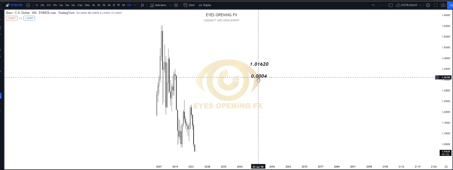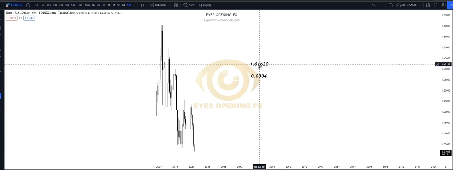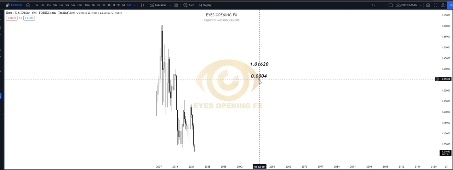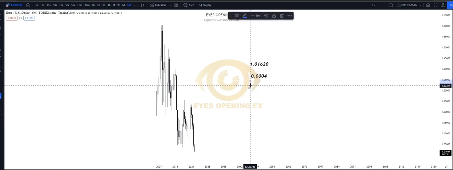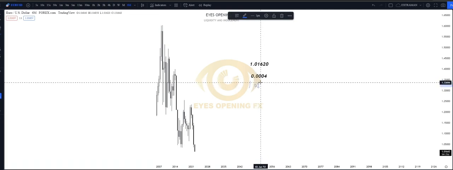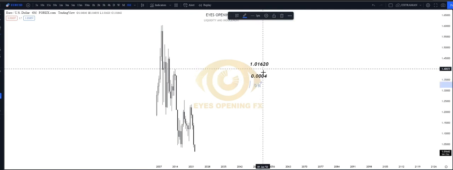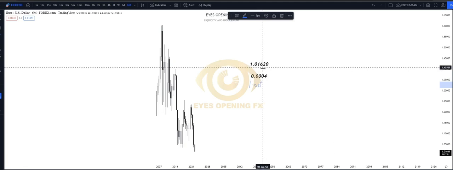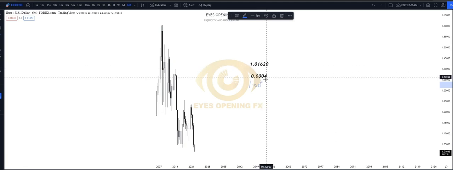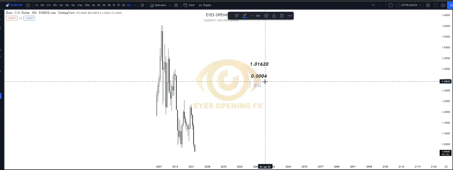So 0 plus 0 is 0, 1 plus 0 is 1. That means what you actually get here is 1.0, 1, 6, and in this last one, 2 plus 4 is 6. So you are able to get a profit of 4 pips.